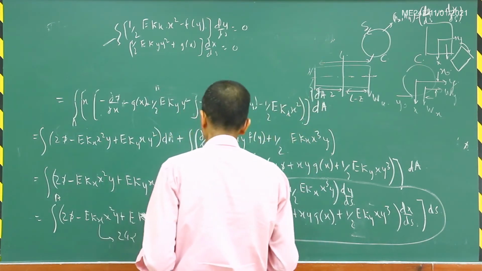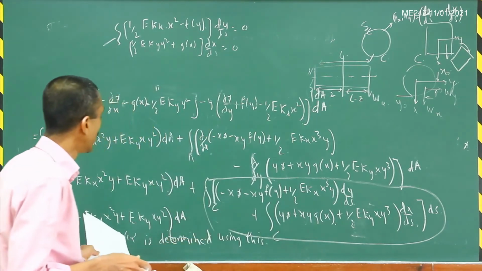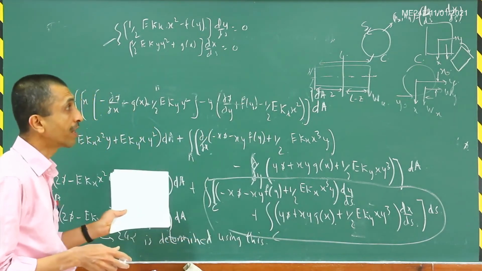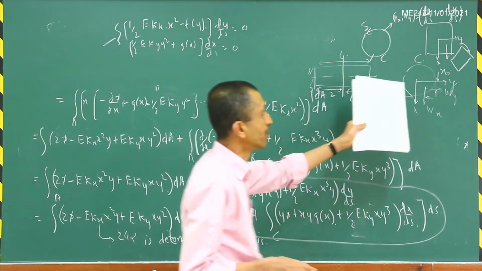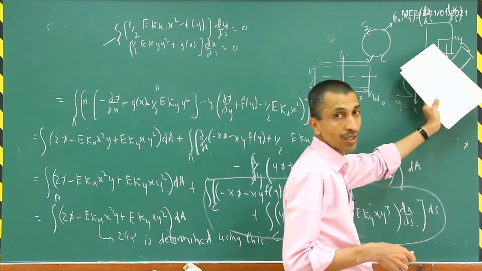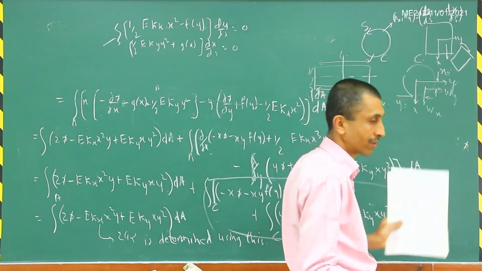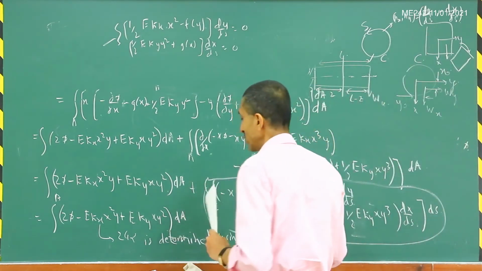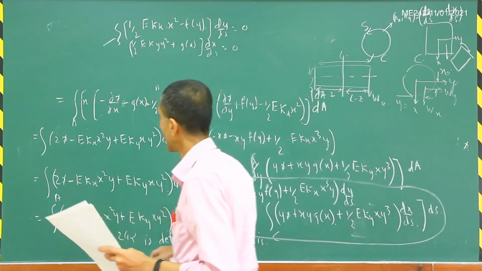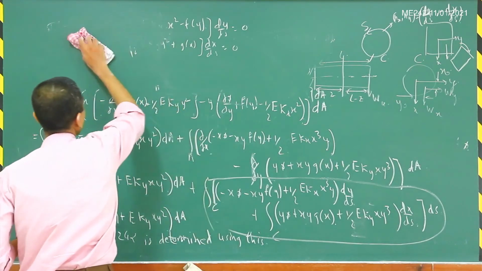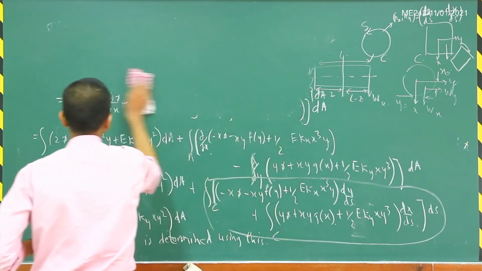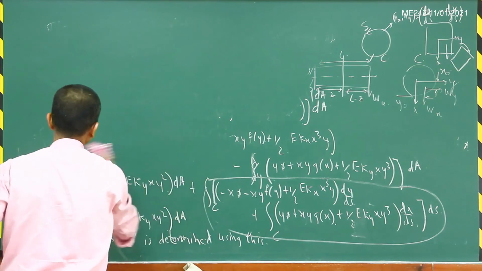So now let us try to give a physical interpretation for alpha. I already mentioned, when I showed you this particular example, that this alpha will represent the twisting of that particular cross section. So let us try to give a justification for why this alpha represents the twisting of that cross section. So let us do that now.